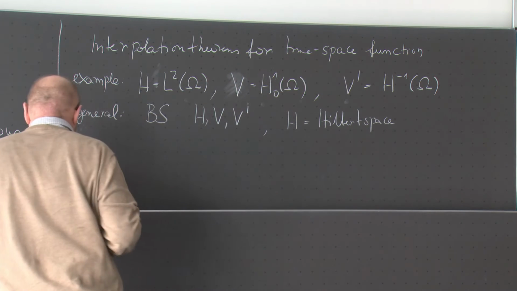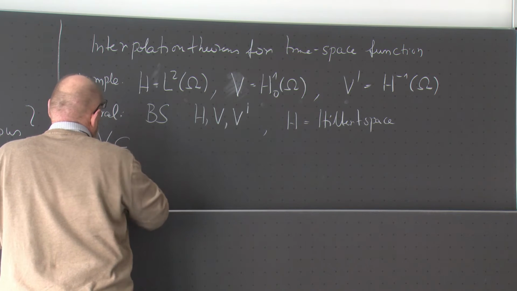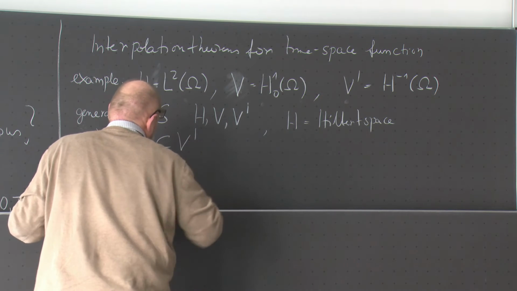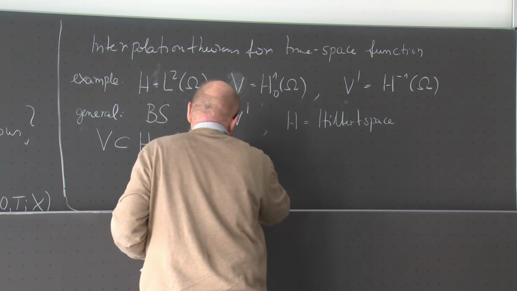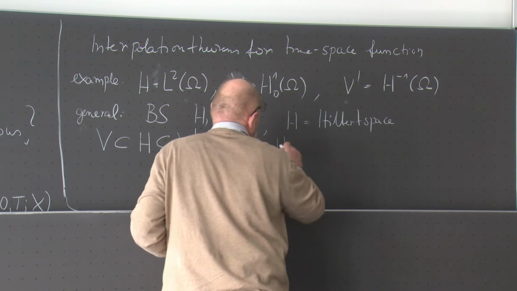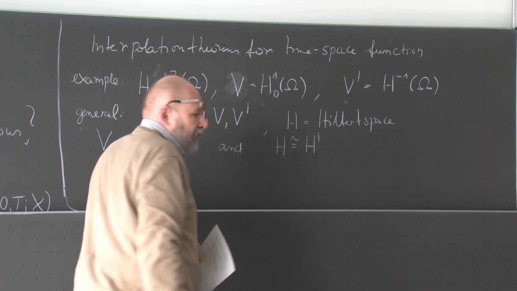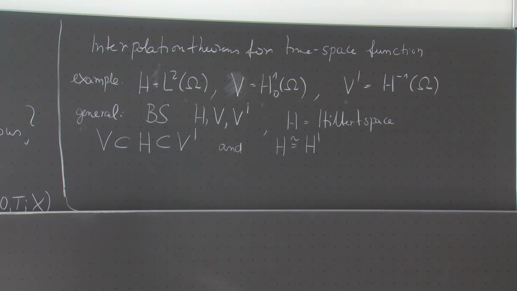We have the following situation. V is the smallest set, then there is H, and the largest set is V prime. And what we do, as I said, is identify H with this dual. So this is the identity in the middle, so to speak.